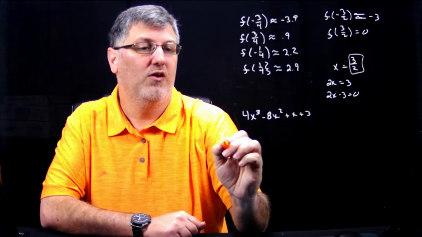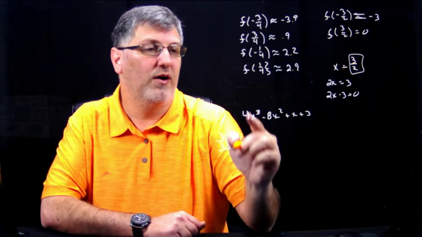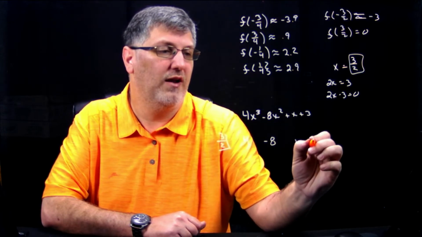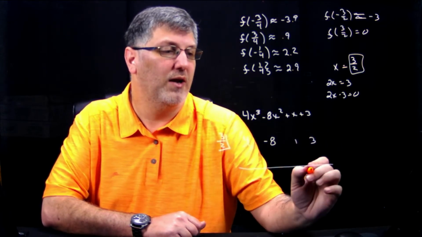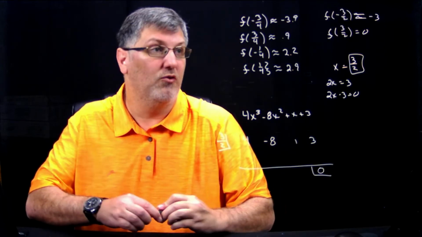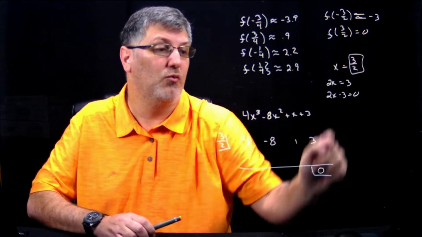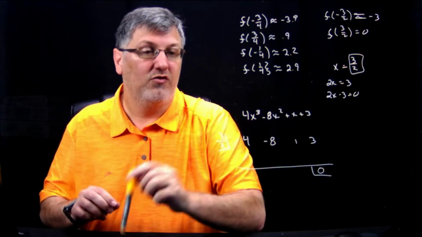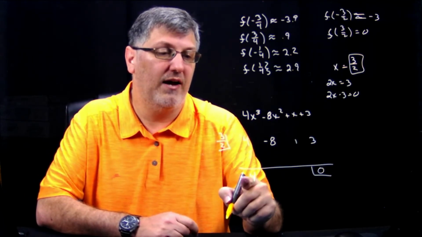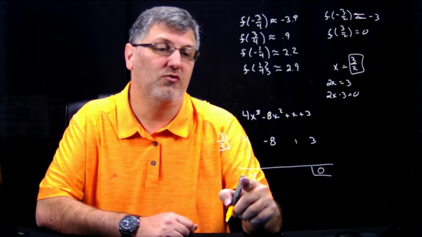So I'm going to do 3/2 as my multiplier, and these are already in order, so I've got 4, -8, 1, and 3. What's nice about the remainder theorem is I know that this needs to be 0. That's why we were doing the remainder, because if not, all these other ones would be this number in the box. So I'm going to bring down my 4, and 3/2 times 4 is going to give me 6.